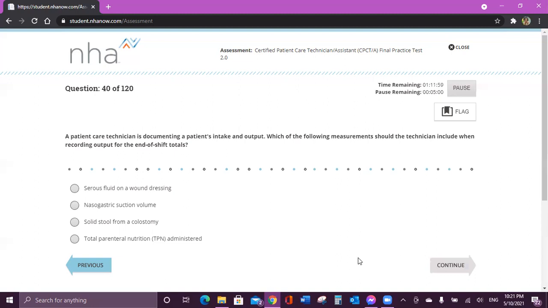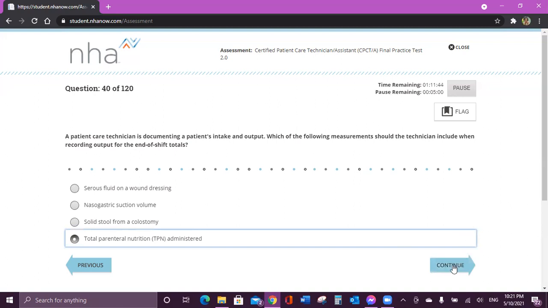Patient intake and output. So de lo que come y lo que saca. Exacto. La D, la de verdad, total parenteral nutrition administration. So yeah, that one.